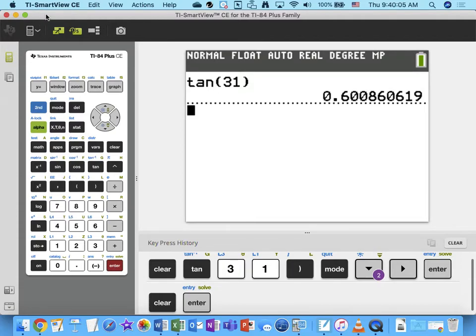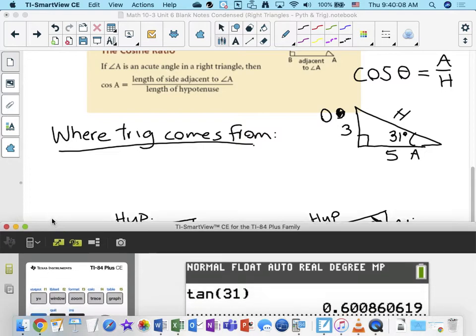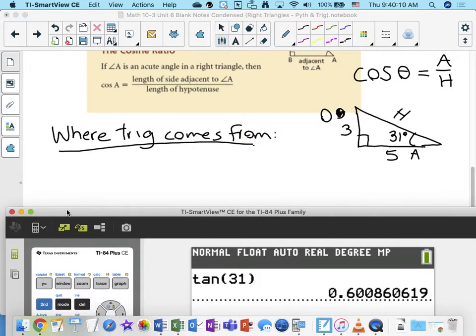Now the other thing, let's suppose that you know that the ratio of the side lengths is 0.6 and you want to know the angle. You can figure that out as well. Remember I talked about the tan to the -1? It's called the inverse button. That's how you access the angle information if you know the ratio.